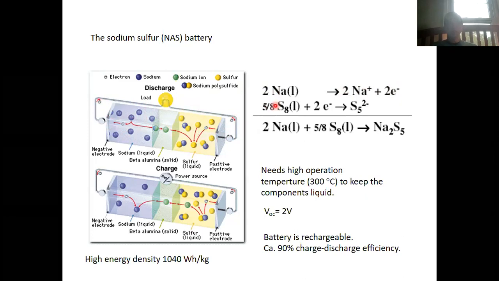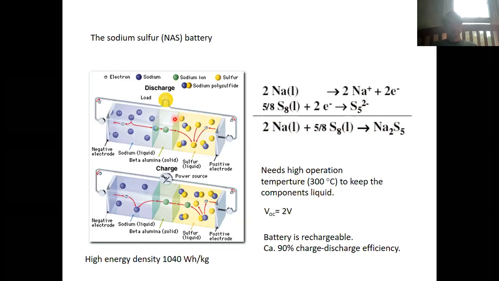In particular, the sulfur would be reduced to S5 2- ions under the conditions. Okay, so overall we would have the reaction sodium plus sulfur giving Na2S5, a sodium sulfide.